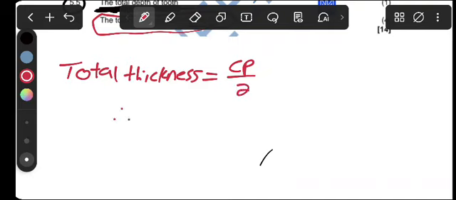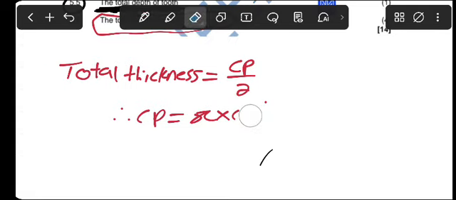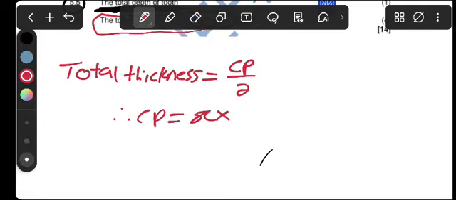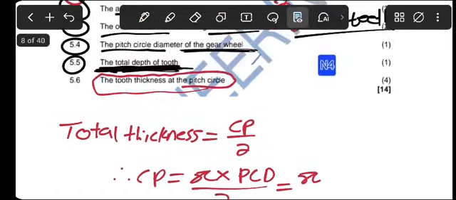But we know that CP by its own is given by pi multiplied by PCD divided by 2. Pi, the thickness of which gear?